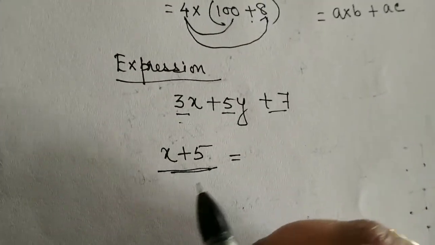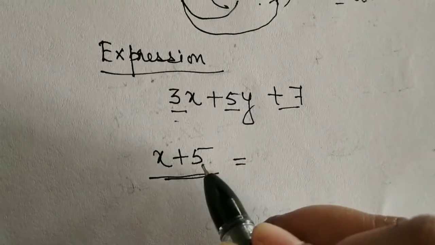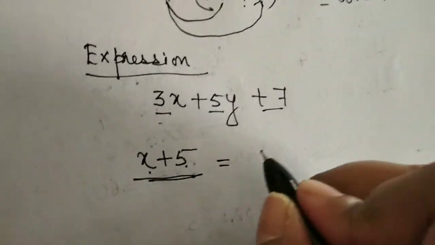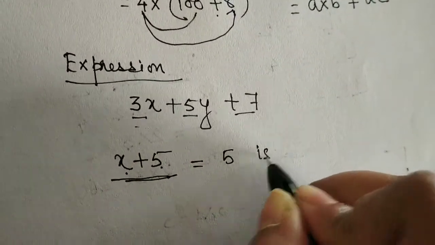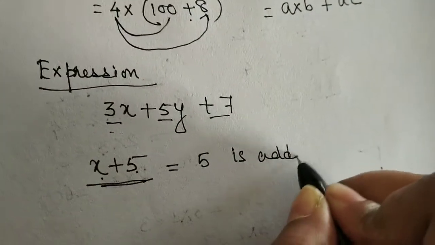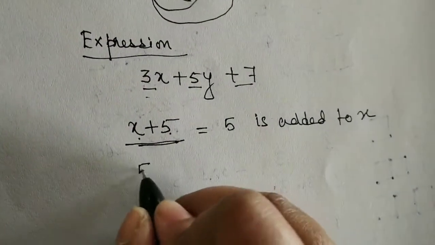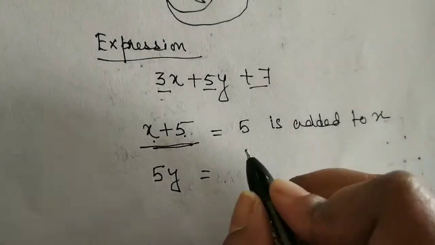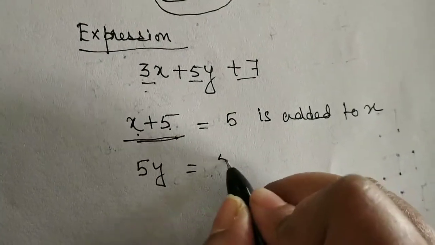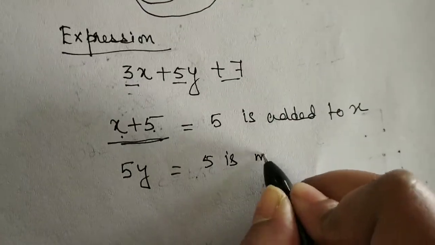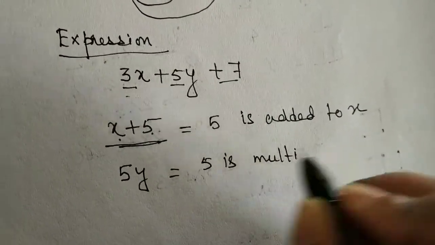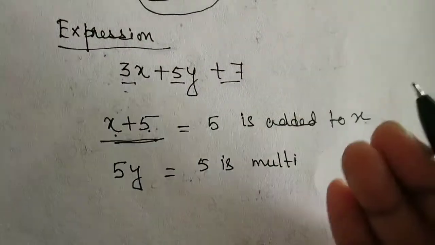Now how to write this in words? Here see, 5 is added to x. So we will write 5 is added to x. Now suppose 5y is there. So what should I write? 5 is multiplied by y. So this way we can convert the expression into statement form.